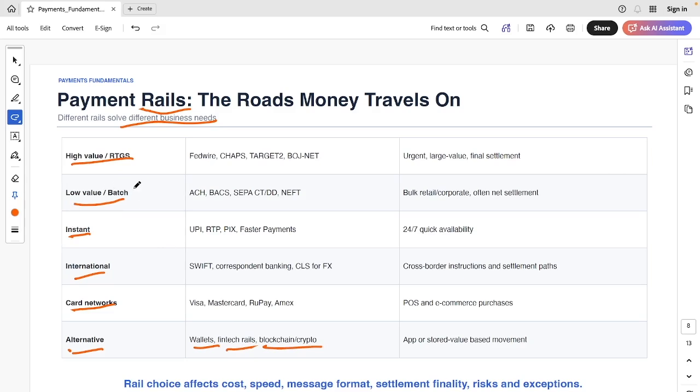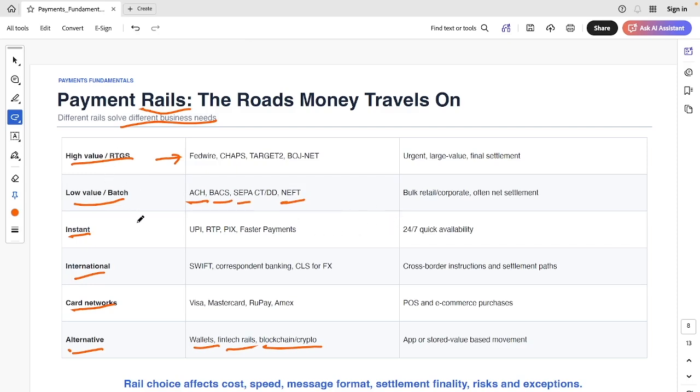High value RTGS rails are mostly Fedwire, CHAPS, Target 2, BOJ-NET. These are used for urgent, large value and final settlement payments. Low value or batch systems like Automated Clearing House, BACS, SEPA credit transfer, direct debit, NEFT in India are commonly used for bulk retail or corporate payments.